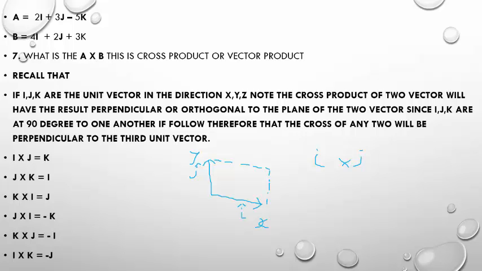The whole of this plane is the plane of i cross j. Their product will be perpendicular to this plane.